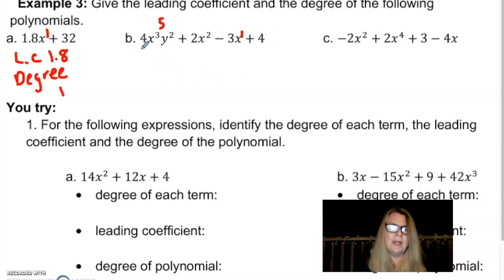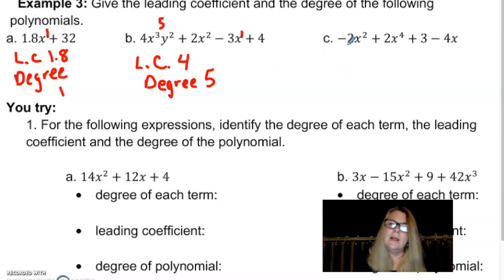So if we look here, it's in standard form because it's in descending order. The leading coefficient is the coefficient of the first term when it's in standard form. So that would be 4. The degree of the polynomial is the highest degree that you see, which is 5 here. So the degree would be 5 of this polynomial.